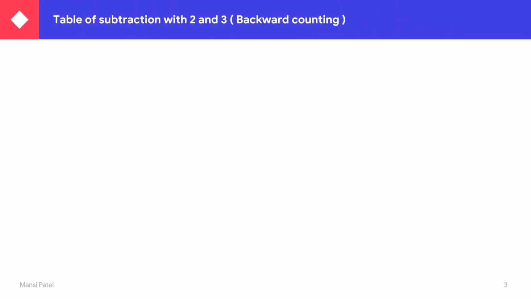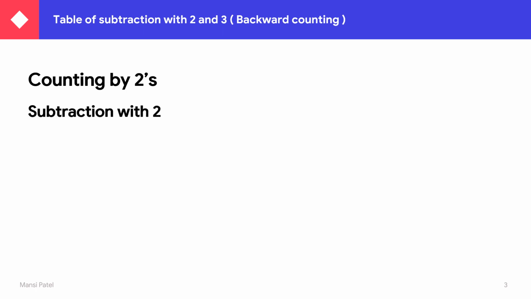As you know already, the table of addition. Now today we are going to study the table of subtraction with 2 and 3. Counting by twos means from each and every number we take away 2. So we can say subtraction with 2. Your first number is 11.